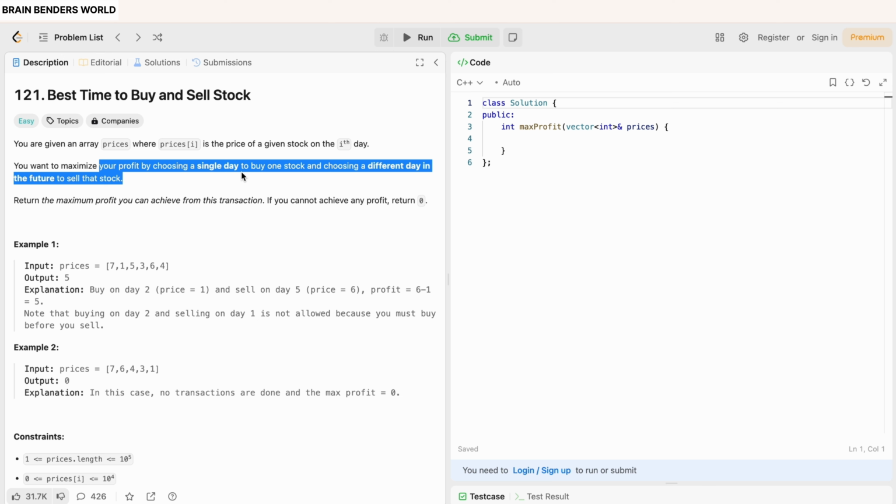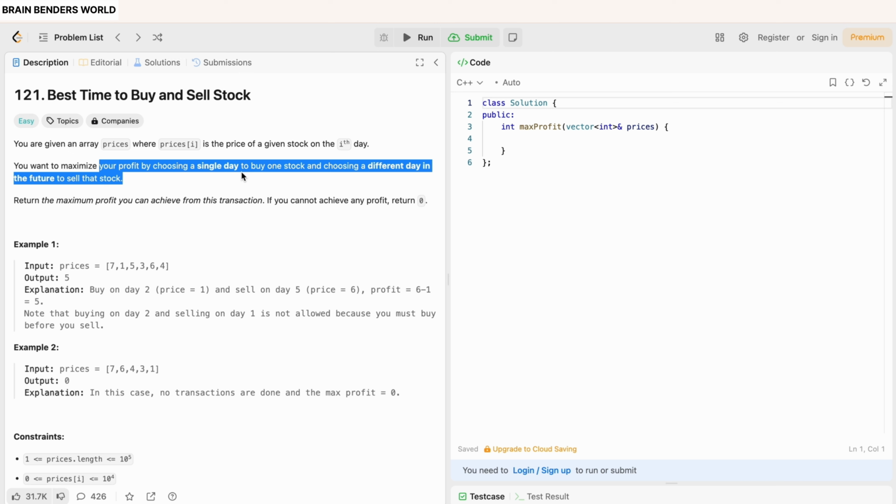So you just look into the array and try to find out what is the minimum price in the array and which day you got that particular price. And you also have to, at the same time, find out the maximum price that you can get on any day, and the subtraction of that would be the maximum profit.